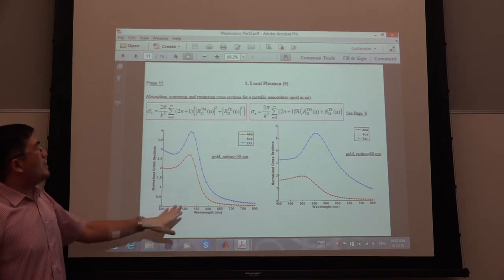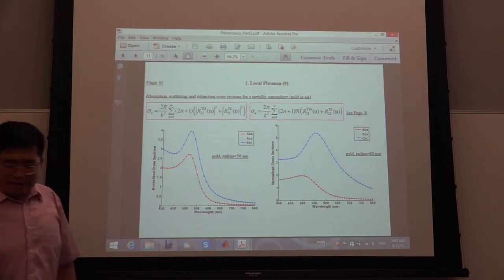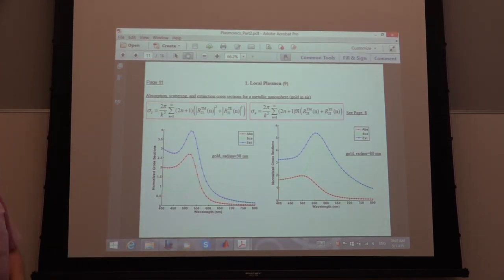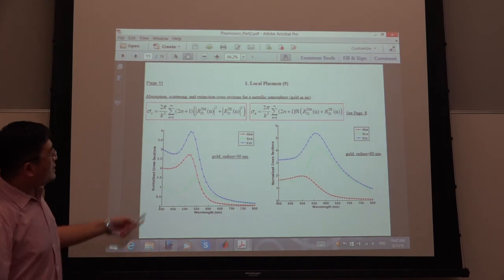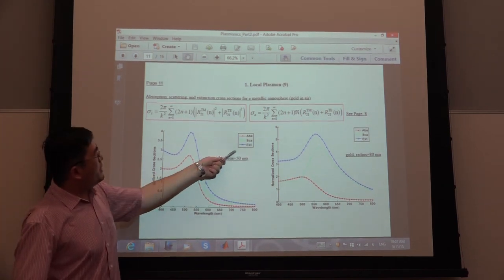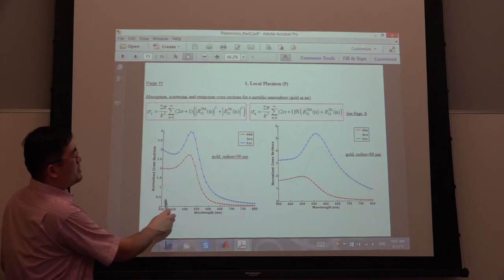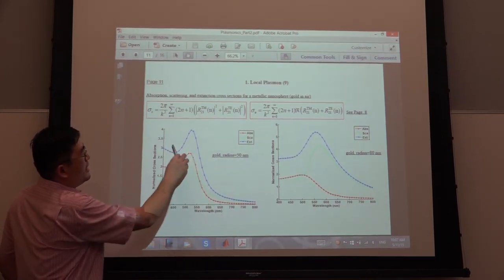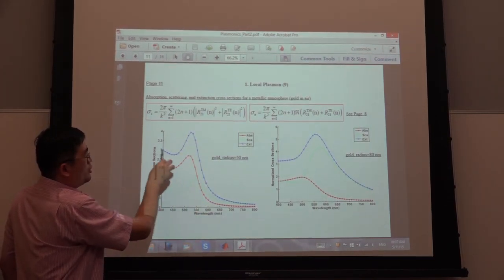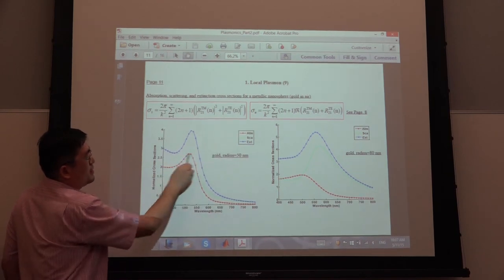This is a very significant picture. I think everyone should understand it. For gold with a radius of 50 nanometers, you can see the extinction cross-section is dominated by the absorption cross-section.